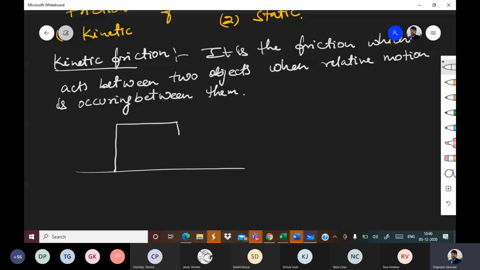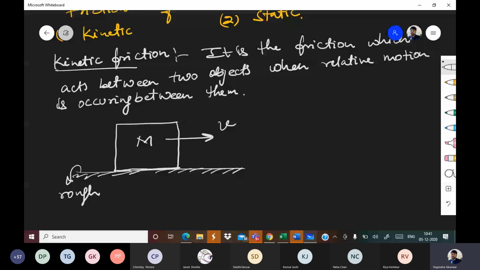This block is on the ground. It has mass m and is moving with, let's say, v, and the surface is rough.